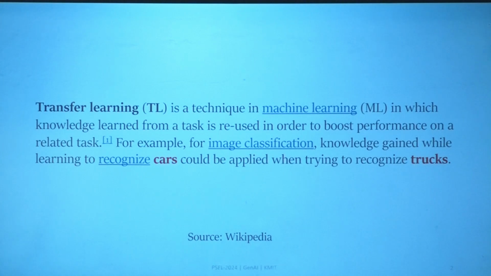Because both data sets have similarities. All are transporting vehicles, four wheels, with four or more seating capacity. That similarity is there. So the knowledge that you gained on the previous task can be transferred to perform on another task to improve its performance.